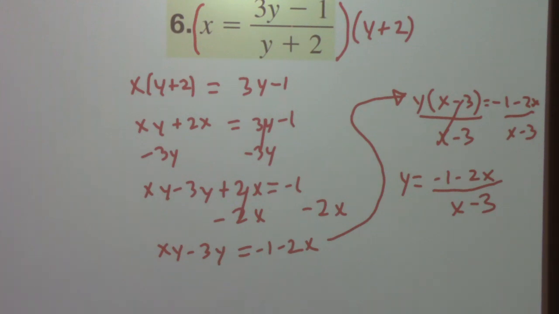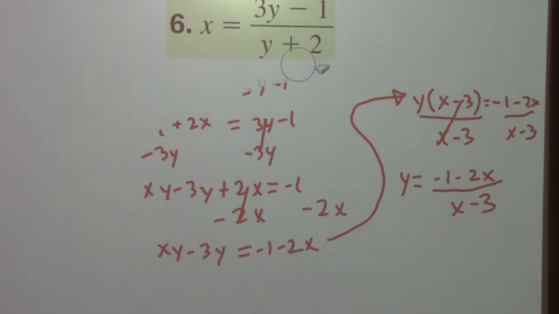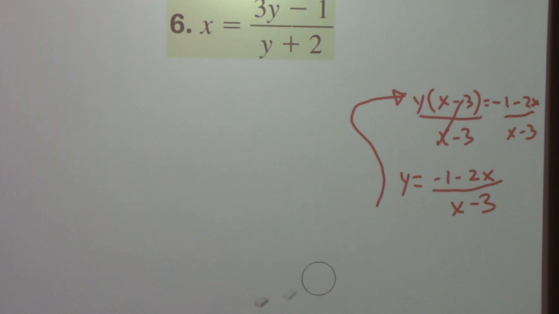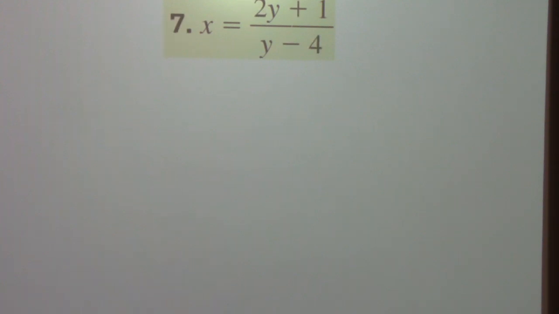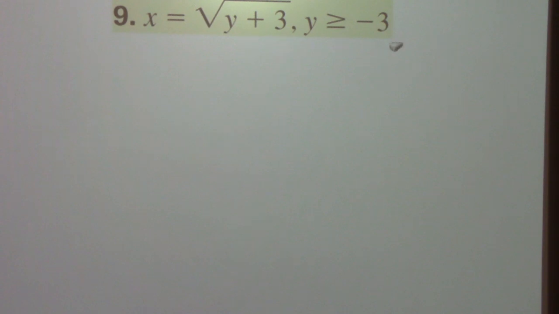I want you to do those later, but I want to just go ahead to 9 and 10 quickly, and we'll let you guys do 7 and 8. So I'm temporarily skipping these and going to 9 and 10, just for class continuity's sake.